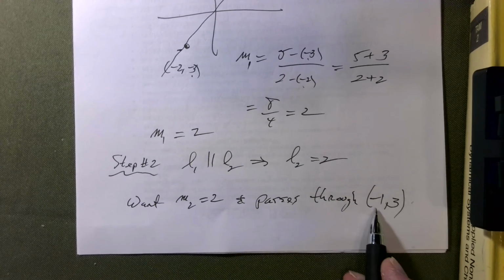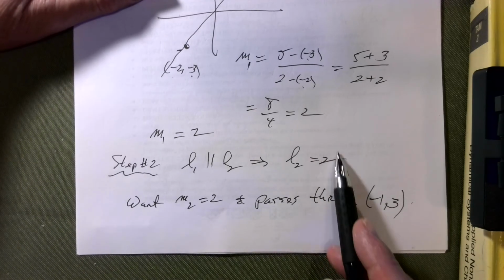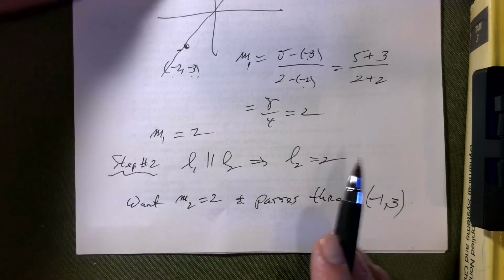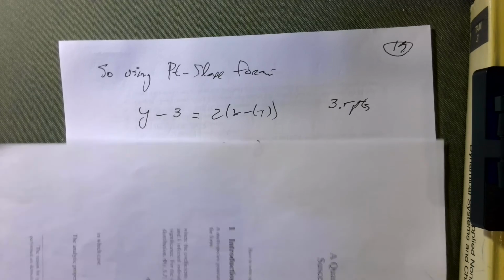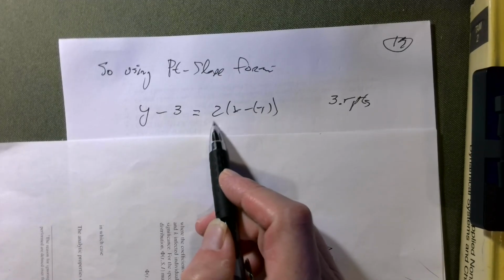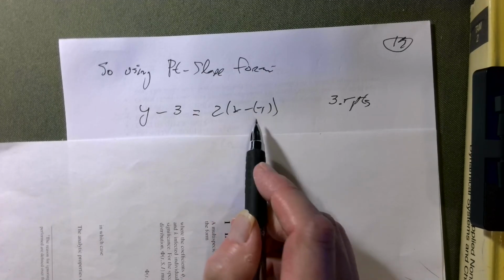And we want it to pass through the specified point. So now we take this information, our slope and the point, and put it in our point-slope form. We put in our slope and the coordinates of the point.